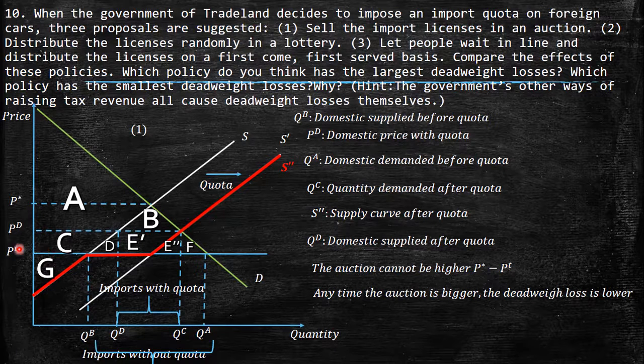So when PD minus PT is equal to the auction price, we are going to stay in the same position as the free trade condition. Okay, and the worst one is going to be the third one, because the deadweight loss is going to be DNF plus the cost of waiting in the line.